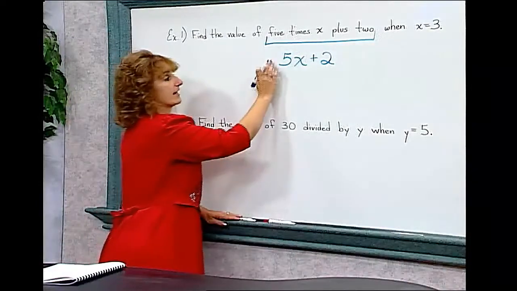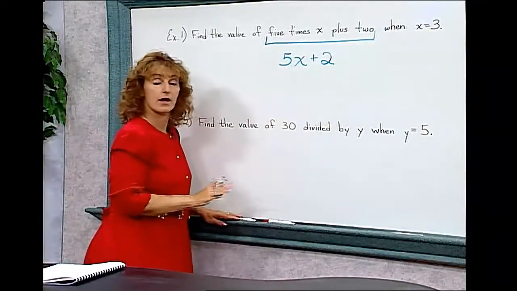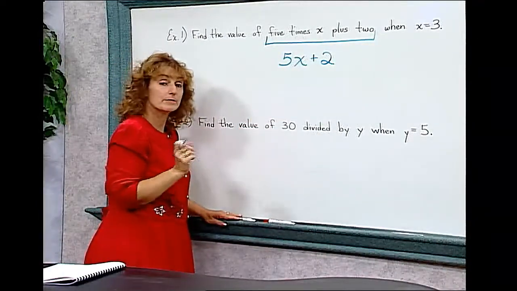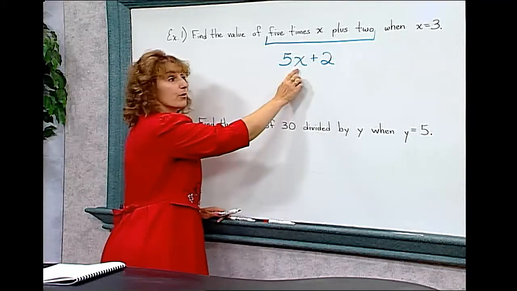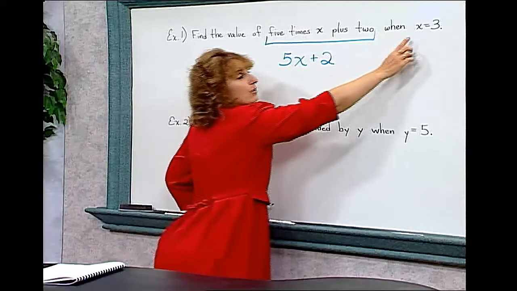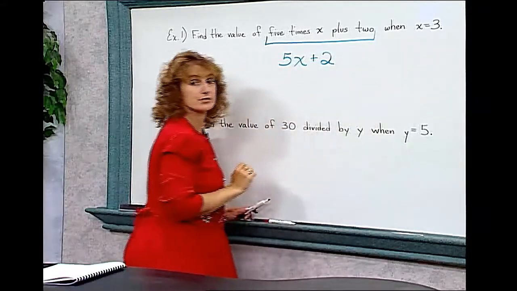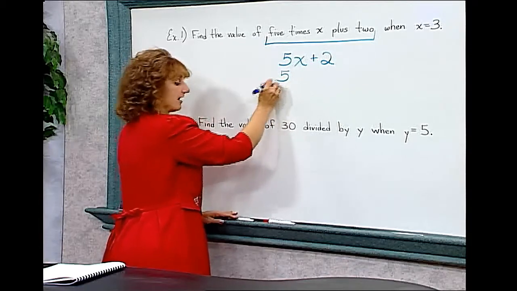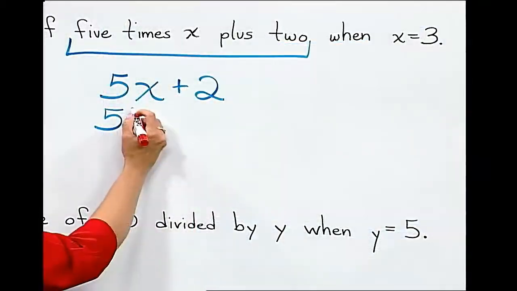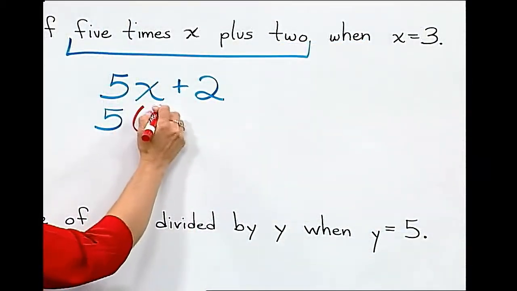We now have an algebraic expression. By itself, we'd be finished. But since we have a value for x, we need to substitute in. We are told that x equals 3 at this point. So I'm going to leave the 5, but I need to multiply it by 3.